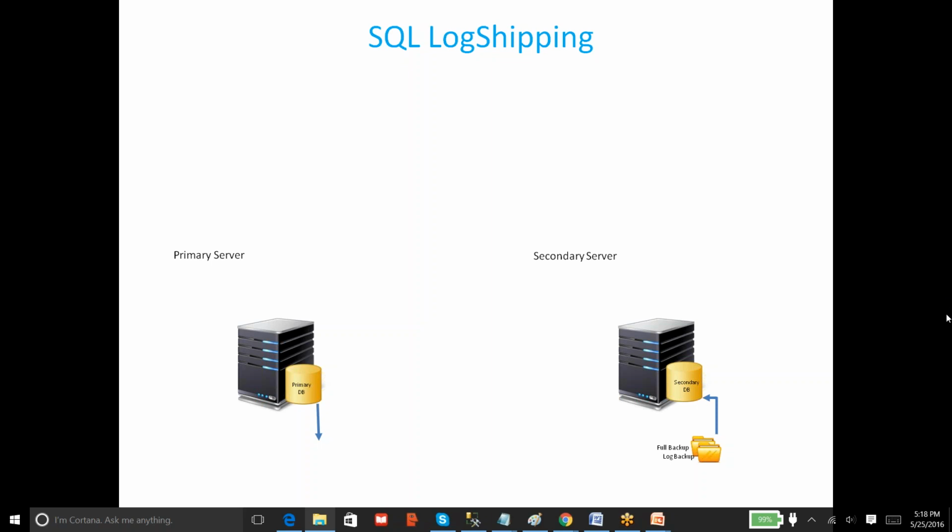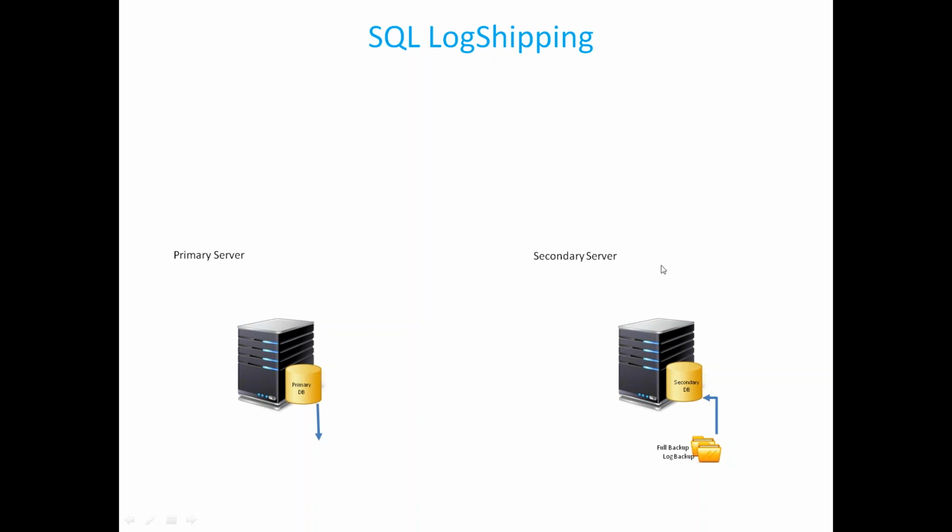There's a question: is it compulsory to have 3 servers in log shipping? No. Monitor server is optional. So at this moment I have restored the database on my secondary server, and that database will be in read-only mode because I have selected the with standby option.